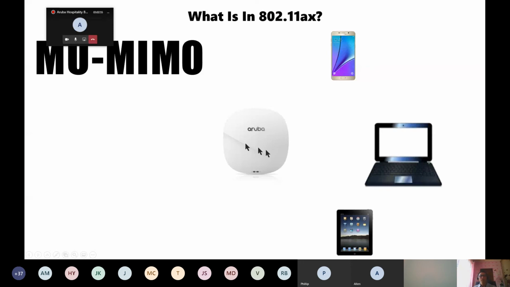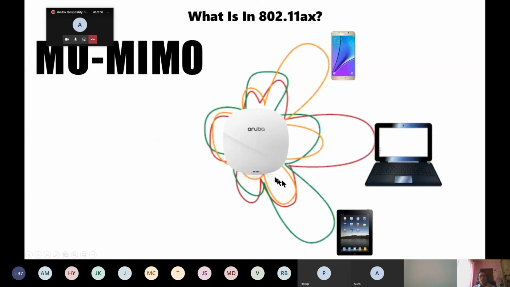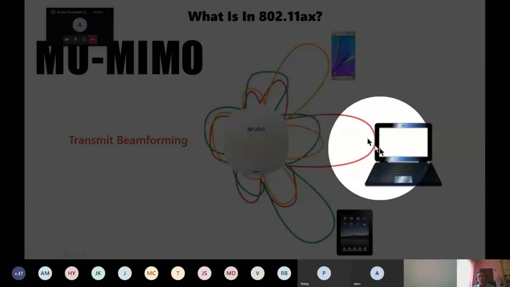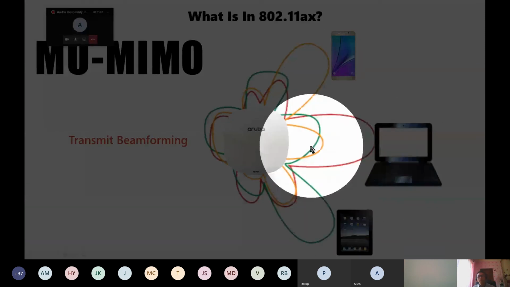Multi-user MIMO. In MIMO, we actually make use of transmit beamforming, which is a term that says I'm going to control the signal in such a way that it reaches this client, in this case the one on the top here, the phone, such that it's getting my signal strong. But the other two clients at the bottom are getting my signal very weak.